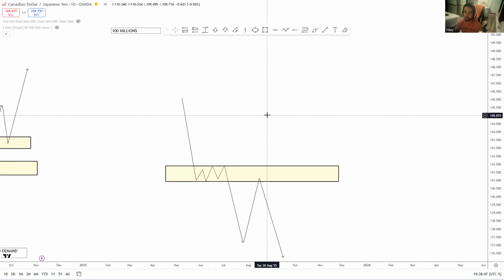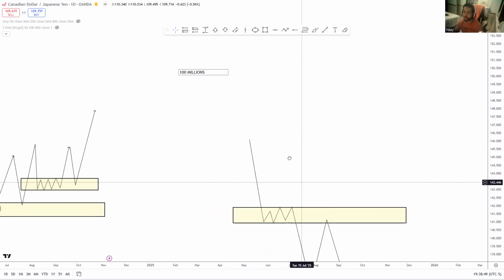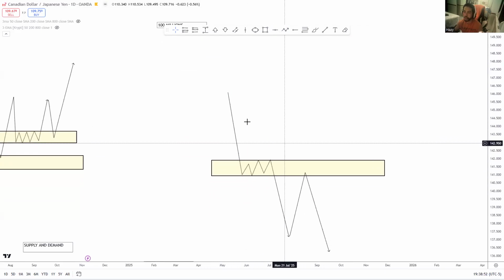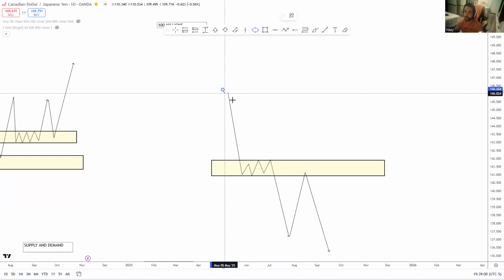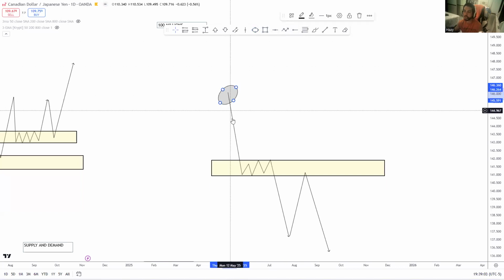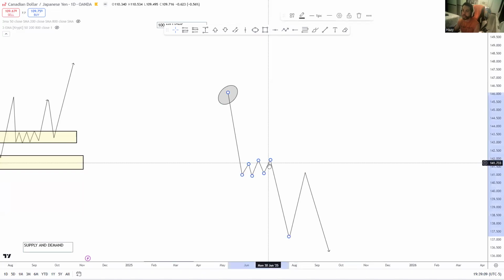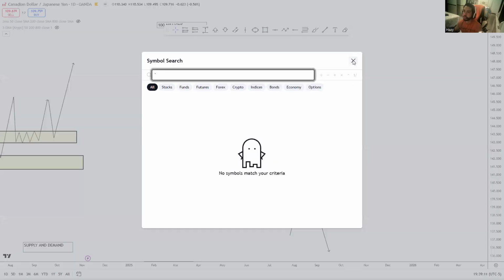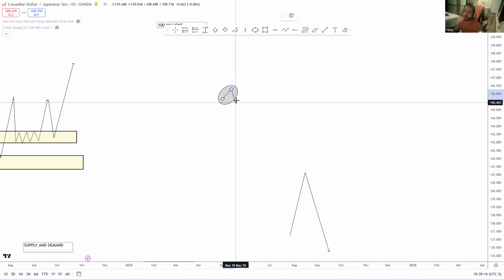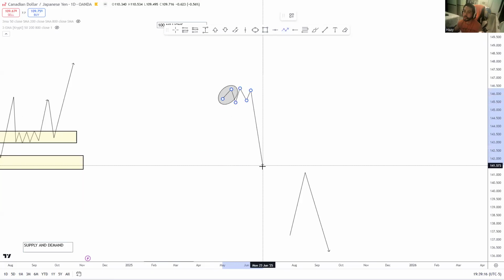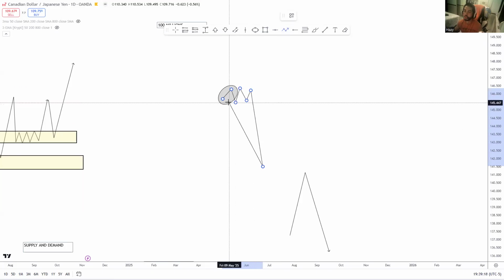Same thing happens with the downside, right? Let's say they put $50 million on this position right here. They saw a reaction of this supply zone.